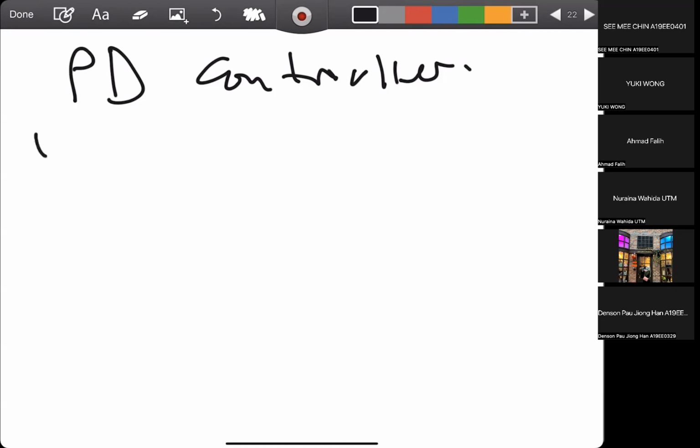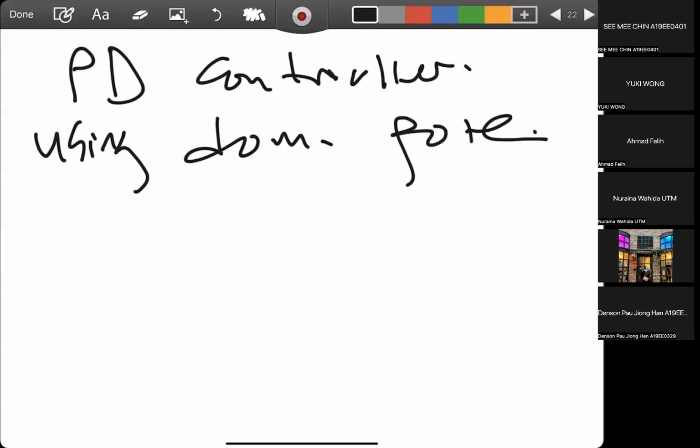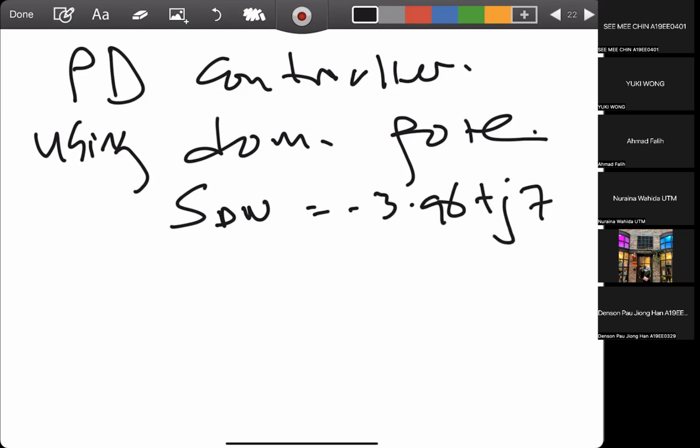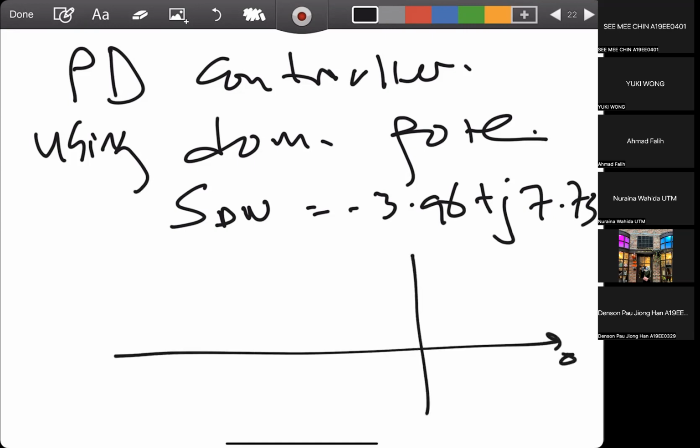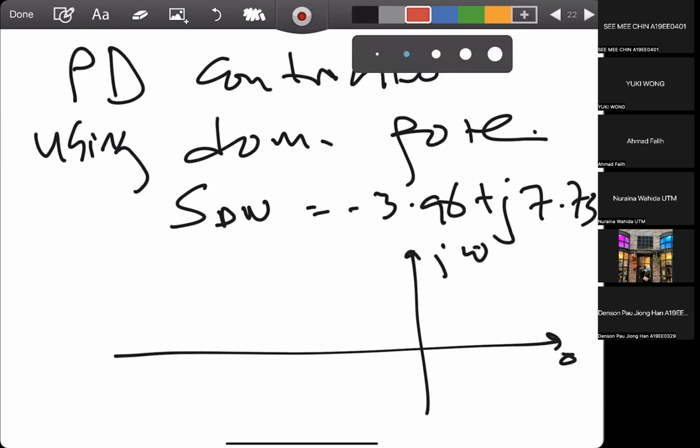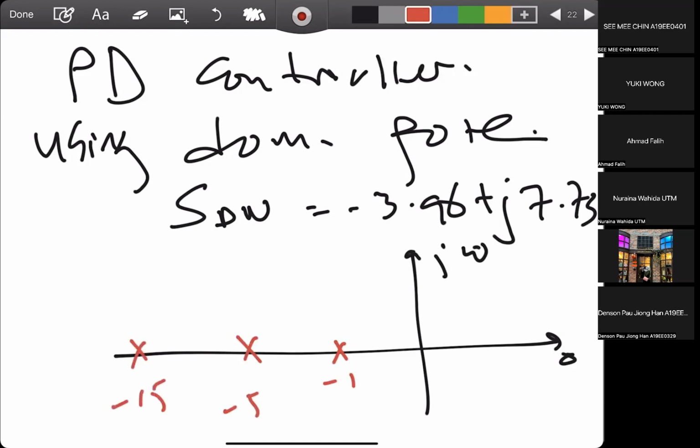PD controller using 3.96 and 7.73. So you plot lah dia punya tu. Plot. So minus 1, minus 5, minus 15. And the dominant pole is somewhere here.